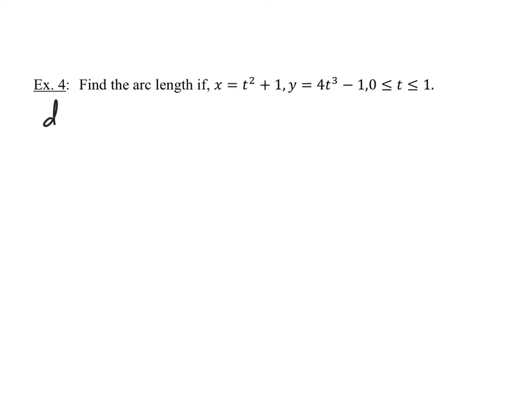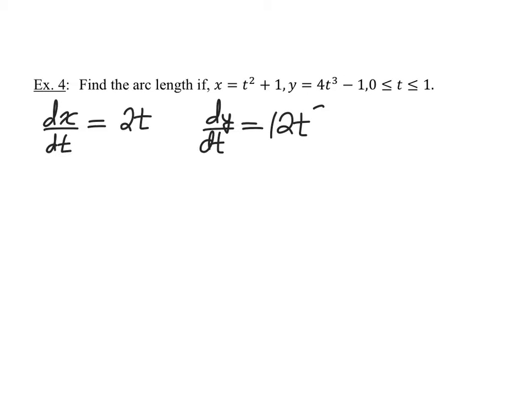It doesn't matter which one you do first, but when I do the derivative process and second derivative, I usually find dy/dt, then dx/dt, so that I divide them in the proper order, but this isn't that. So dx/dt is 2t. dy/dt is equal to 12t squared.